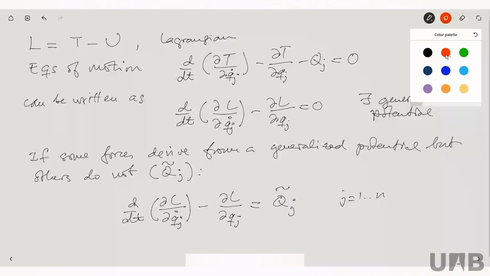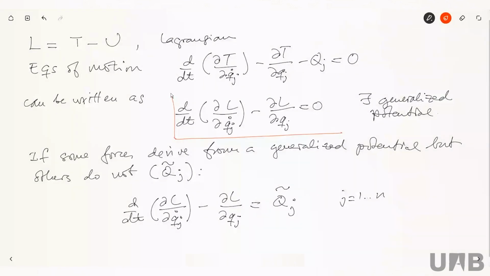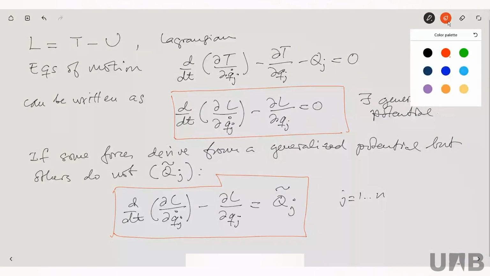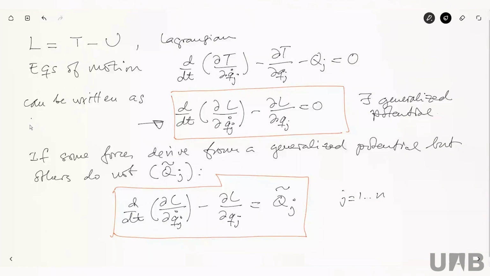Clearly, this is the form of the equations of motion that is more popular. But you have to remember that if there are generalized forces which do not derive from a potential, then there is a generalization of these equations in this form. And these equations, being that famous, are called the Euler-Lagrange equations of motion. Okay?